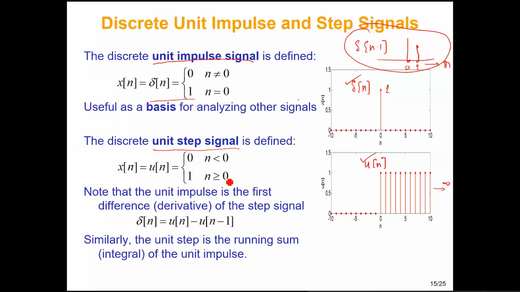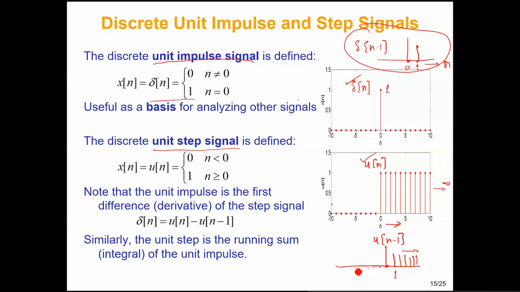If we shift this u of n right by 1 time unit, or we say delay it by 1 unit, we have u of n minus 1. That signal starts from n equal to 1 and then remains 1 throughout, right? So this is u of n minus 1.